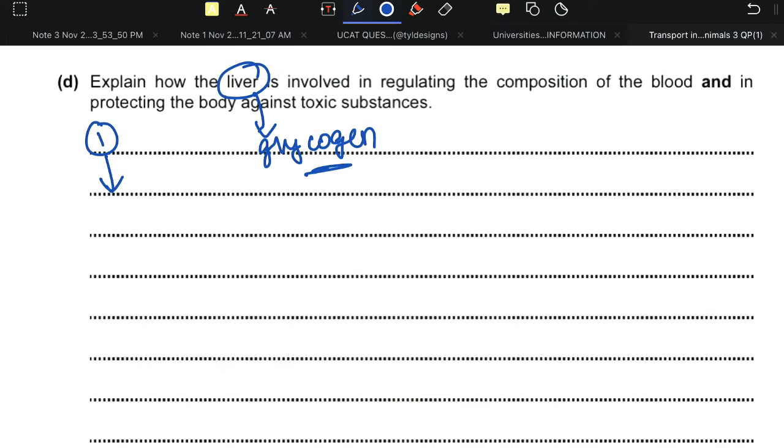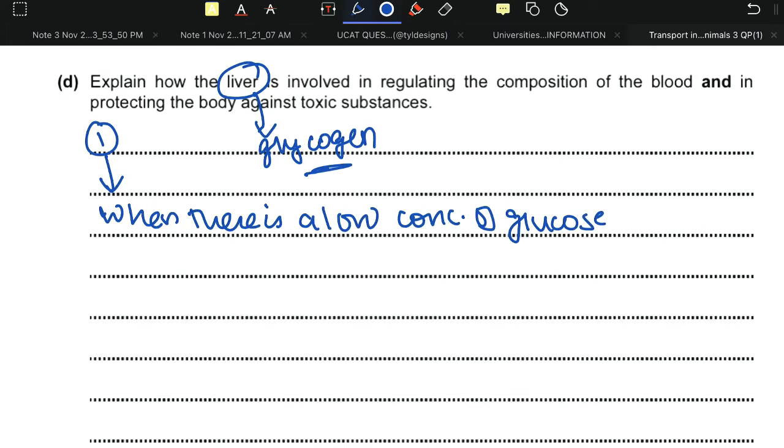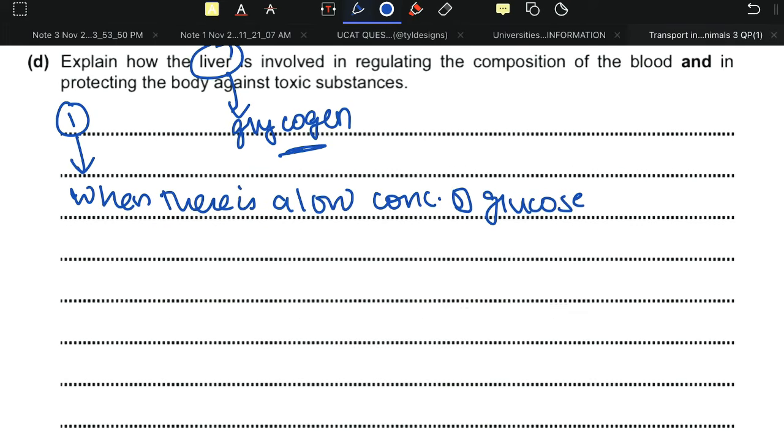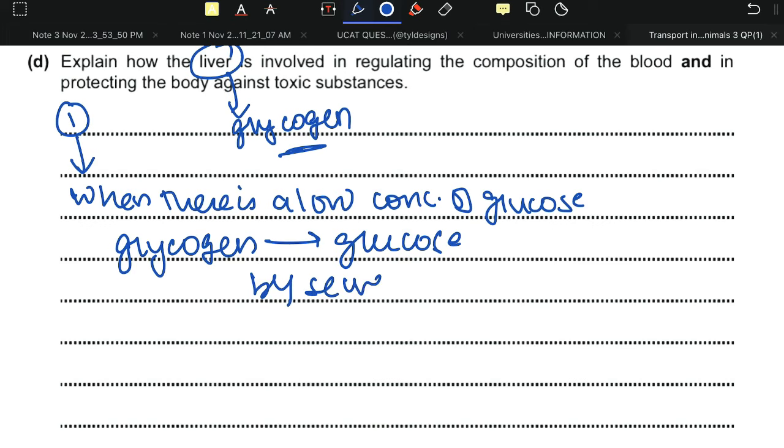So what happens in the liver when there is a low concentration of glucose or blood sugar? The glycogen is converted into glucose, right? How? By secreting glucagon. Now again, make sure you're writing this in full sentences.